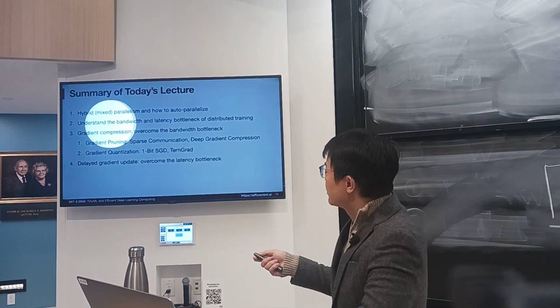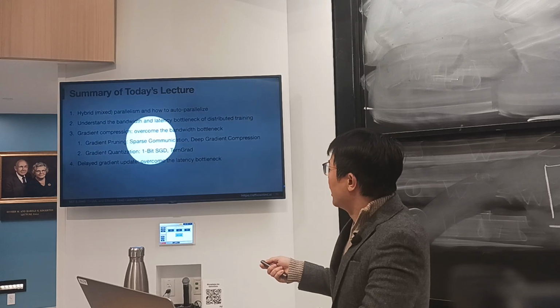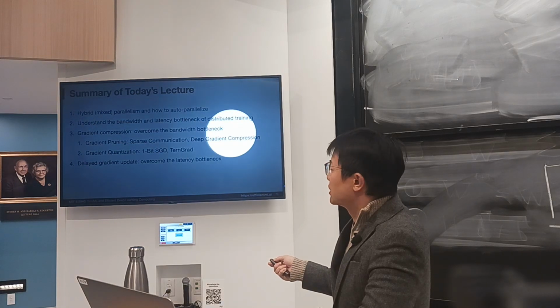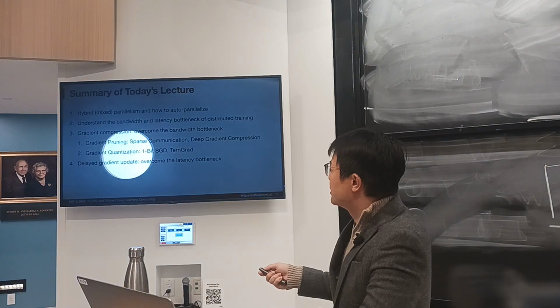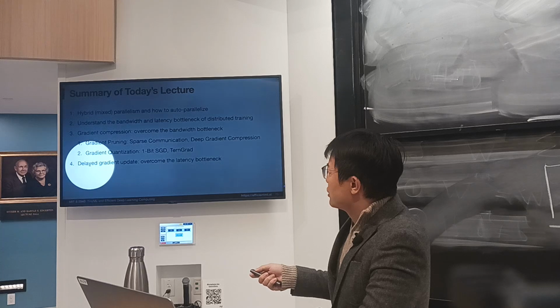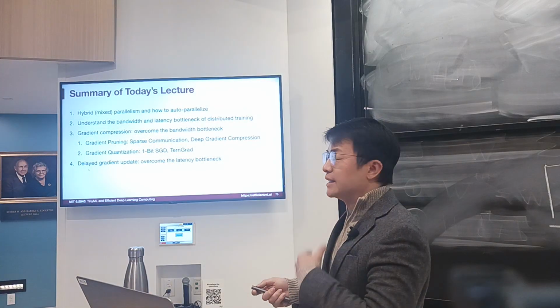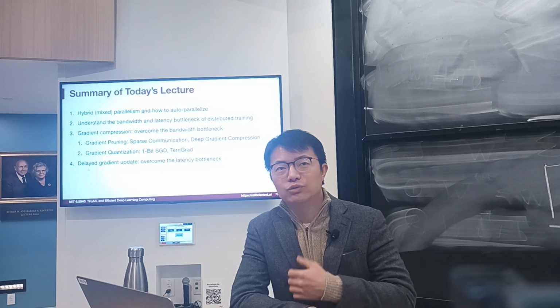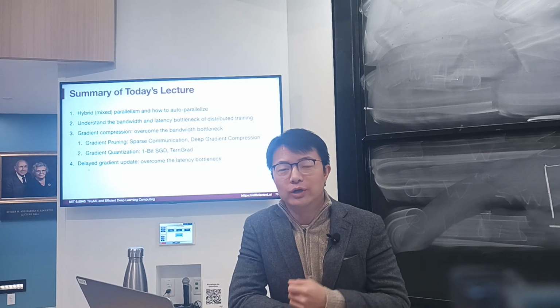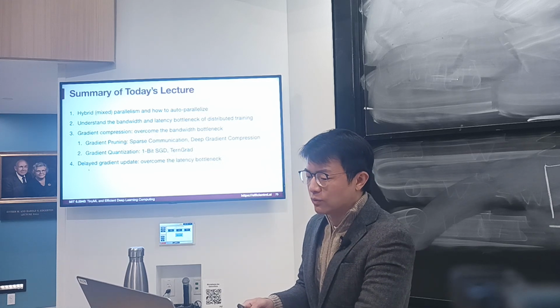To solve the bandwidth challenge, we have gradient compression techniques using pruning, such as deep gradient compression, or using quantization, such as 1-bit or ternary gradient. To solve the second problem of latency bottleneck, we talked about this delayed gradient update to allow late days when submitting your homework, when transmitting the gradient, and can still converge quite well.